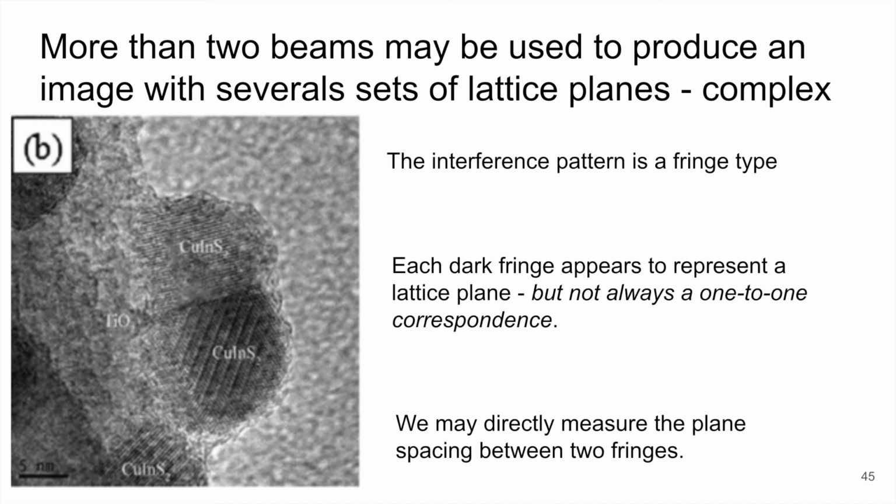But we can measure directly the plane spacing from the fringes, because whether the dark represents in between or the actual plane, you can still use those dark fringes to measure the plane spacing between two fringes. And so in a lot of images, you can directly measure the plane spacing using these dark fringes that you see in the image.